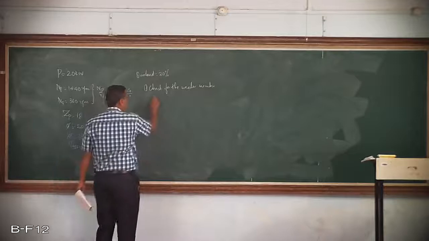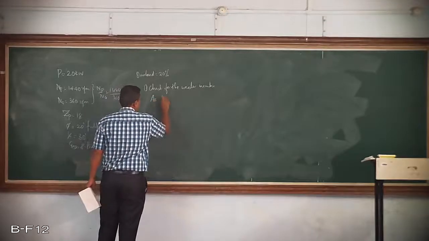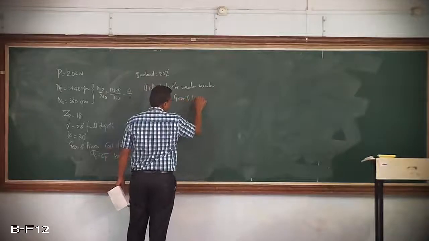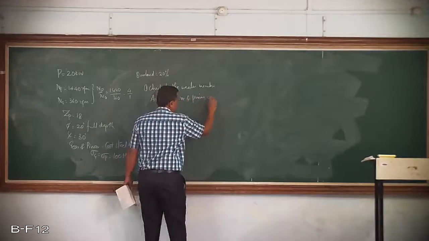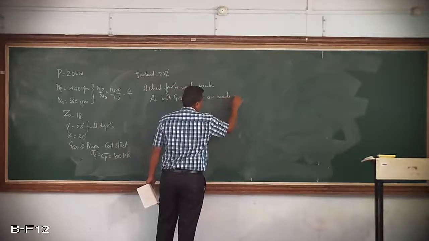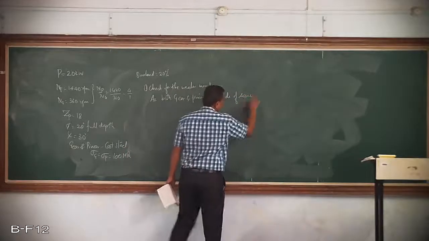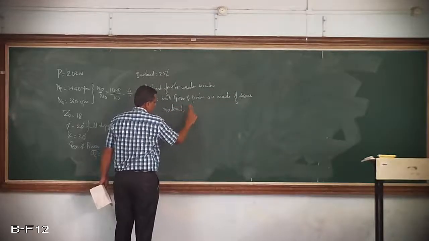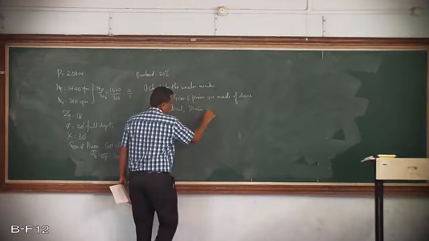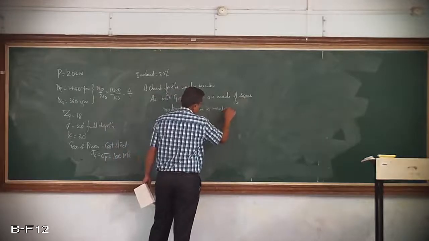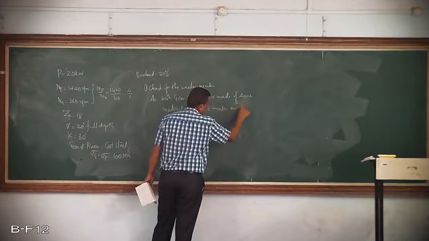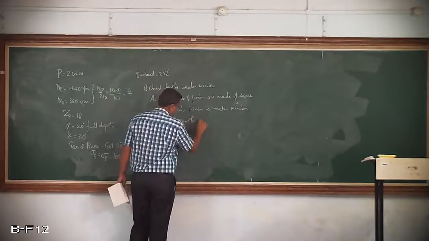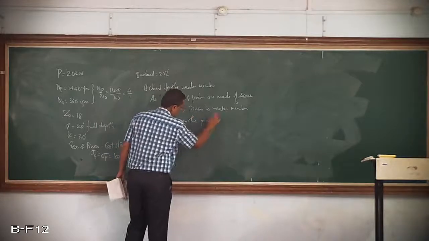As you can write the statement: both gear and pinion are made of same material, pinion is weaker member, and design is based on pinion. Therefore, this is the first part.